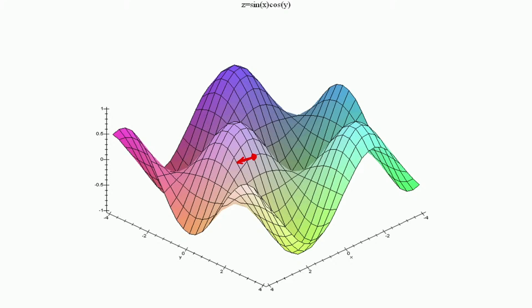Going that way, it's pretty much level. But in the y direction, I'm going downhill. That's this way. And so here I would say that f sub x is probably about 0, but f sub y is something less than 0.